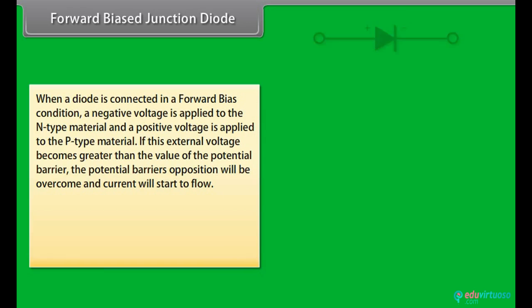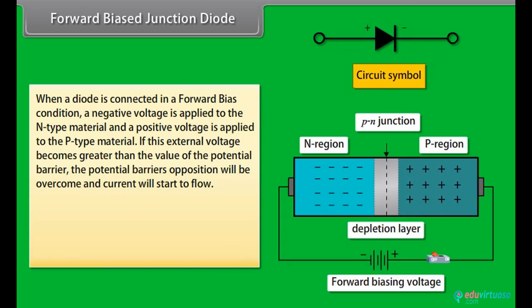Forward-biased junction diode. When a diode is connected in a forward bias condition, a negative voltage is applied to the n-type material and a positive voltage is applied to the p-type material. If this external voltage becomes greater than the value of the potential barrier, the barrier's opposition will be overcome and current will start to flow.